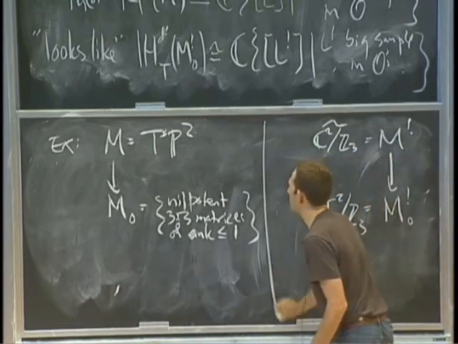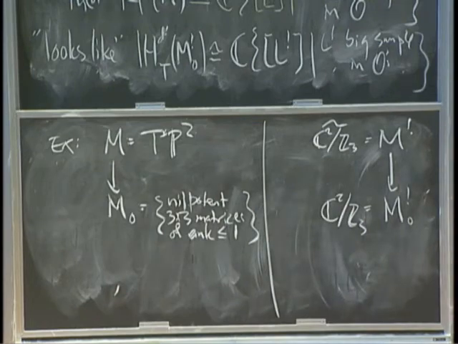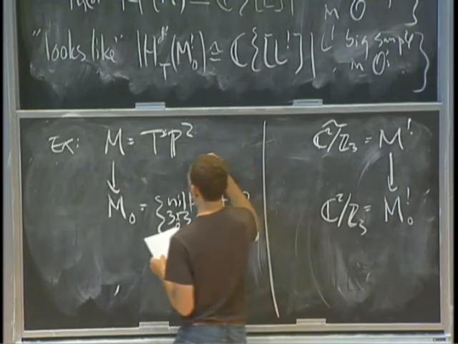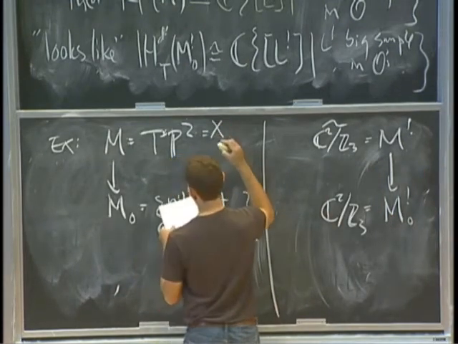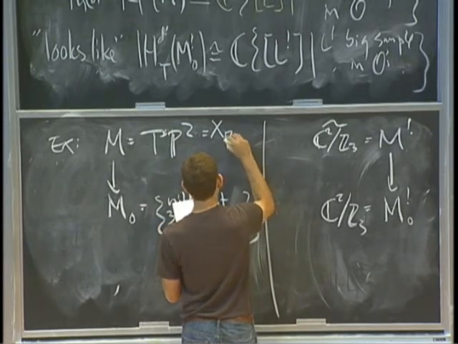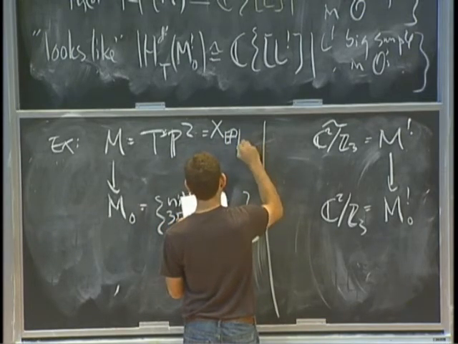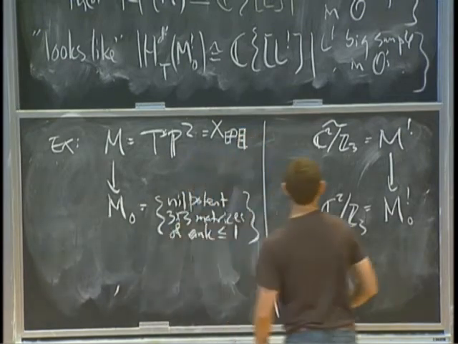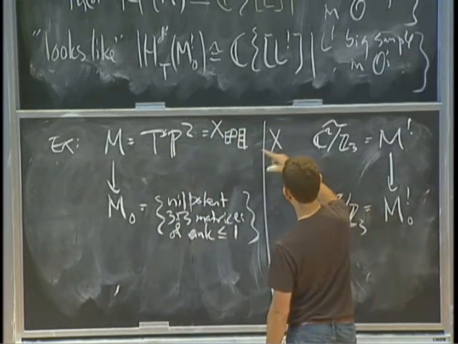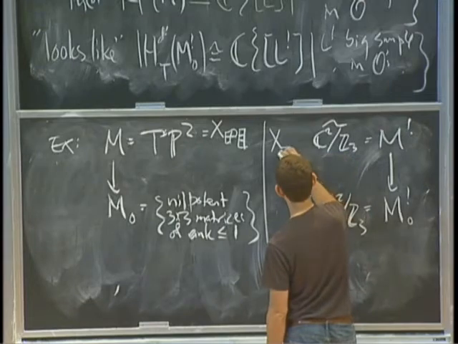So I claim that this is a special case of parts 2, 3, and 4. So what is this? First of all, this is x lambda mu for this lambda and this mu, whereas this is x mu transpose lambda transpose.